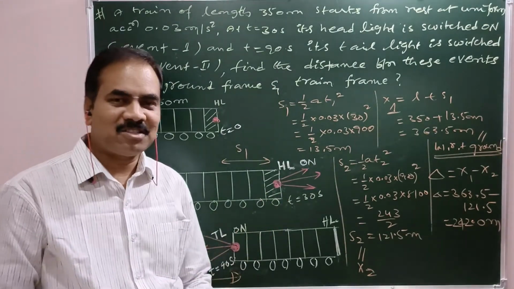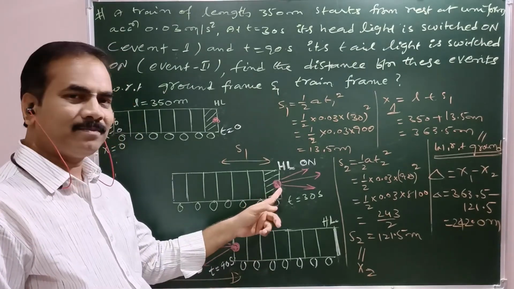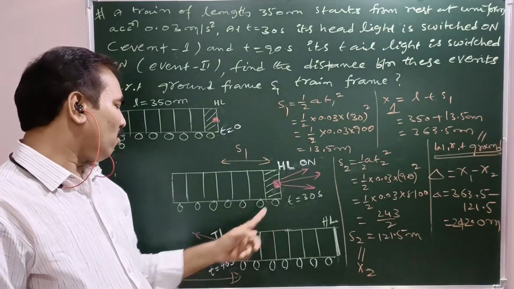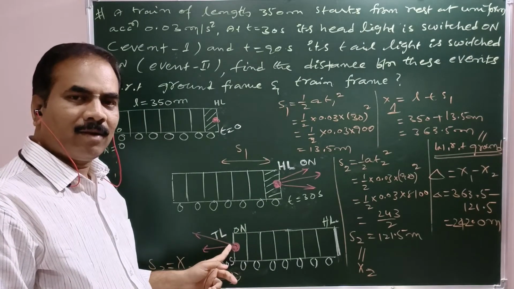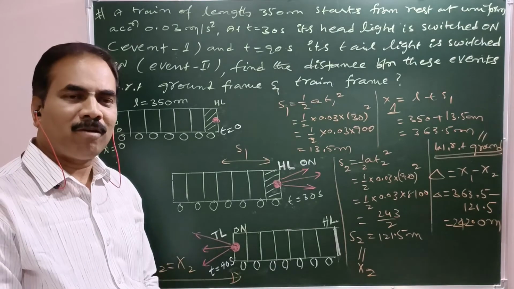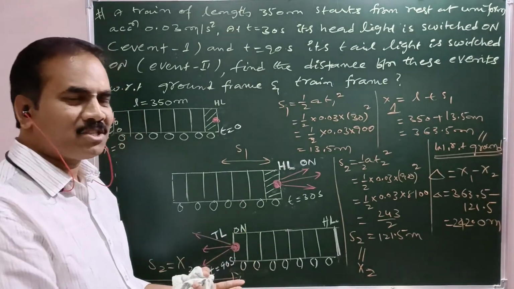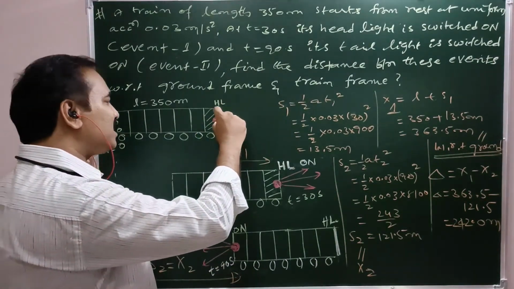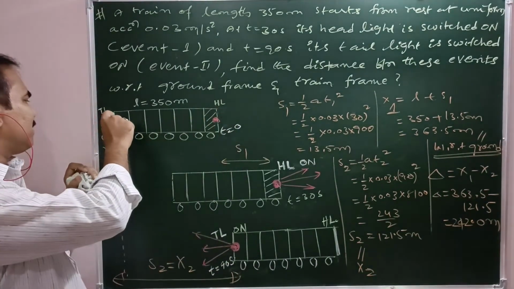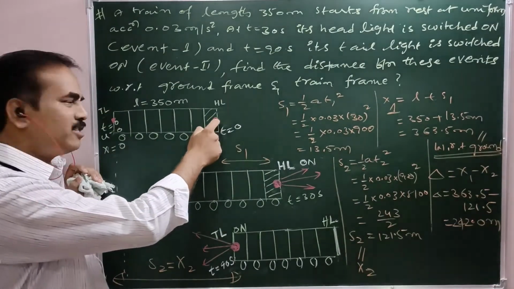In 60 seconds, the distance traveled by the headlight is equal to the distance traveled by the tail light, along with the train. So both are separated by a distance equal to the length of the train only. The headlight is somewhere in front of the engine, the tail light is behind the last compartment.